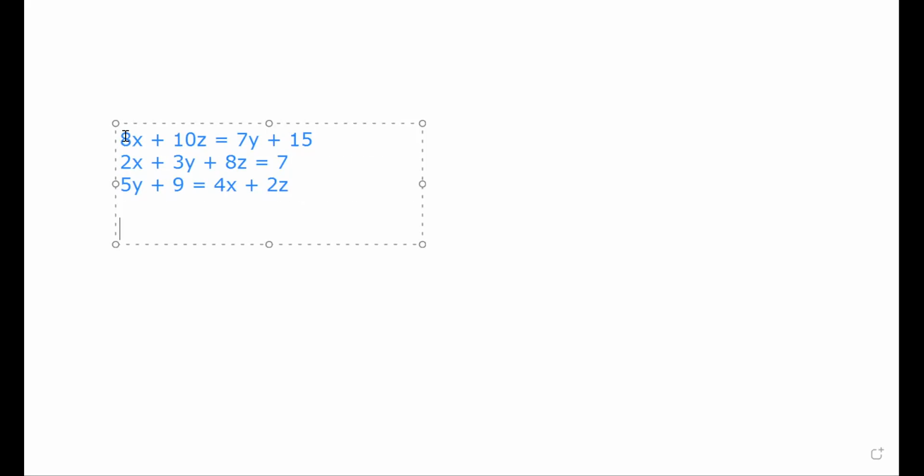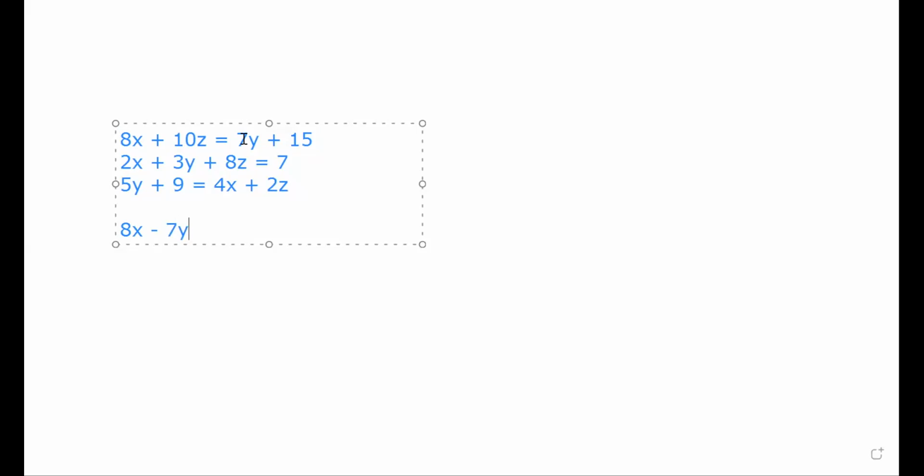If I convert the first equation into the required format, it is 8x plus, sorry, minus 7y. So 7y is here. If you bring the y to the right side, the positive value will become negative.